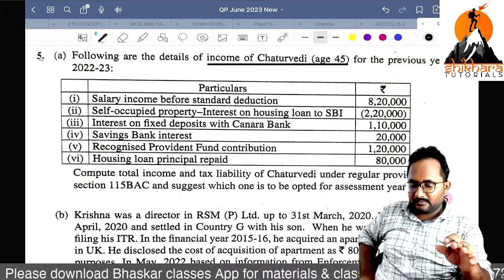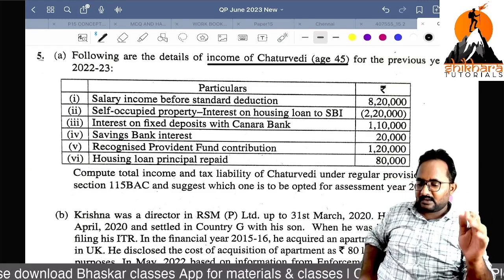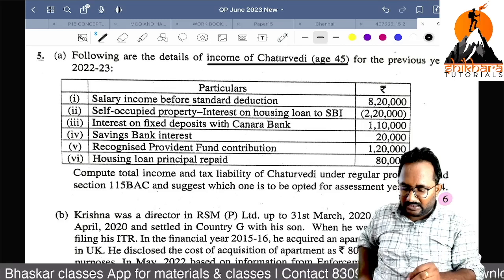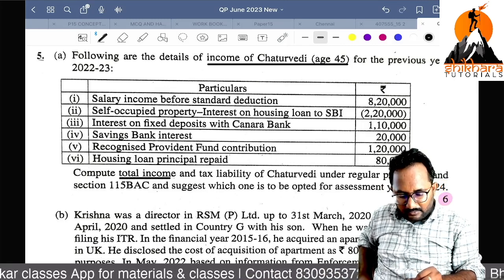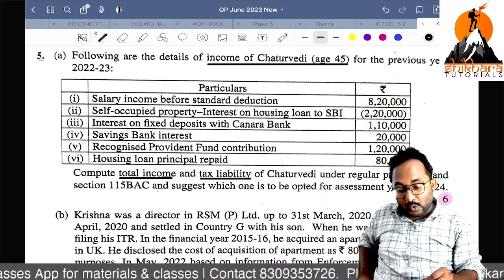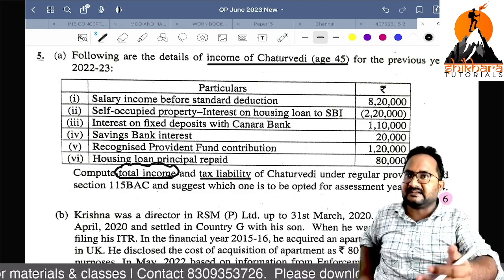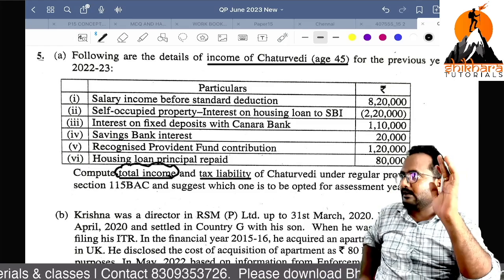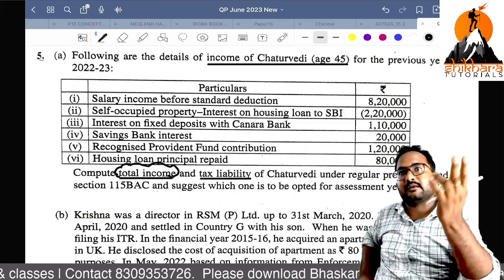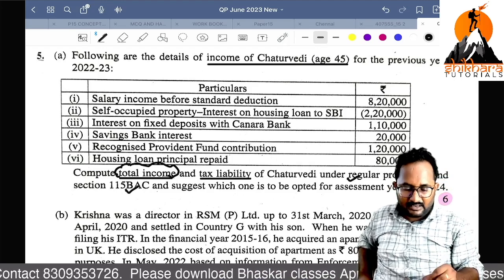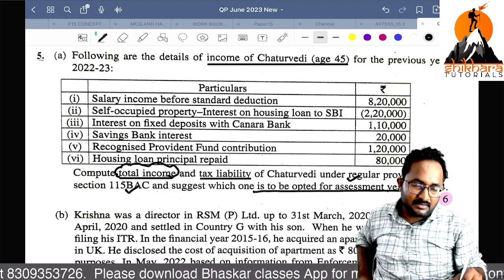They did not mention whether he is resident or non-resident, so based on that you have to calculate the total income and the tax liability under both regimes. Here they directly gave the assessee as resident only, but they can ask both cases. Next, regular provisions as well as Section 115BAC, and you have to suggest which one is best.